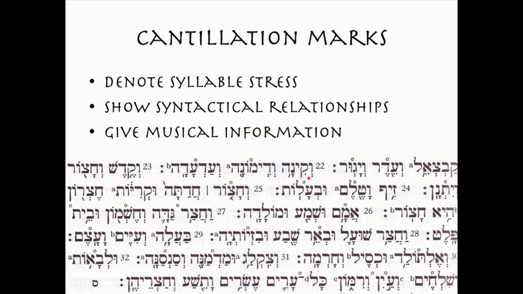So for here, ki-na would be the syllable that has the stress because that's where the cantillation mark is. Here the stress would be on na. Da would be where the stress is here. In kedesh, notice the accent would be back here. Chatzor, the accent would be here. Anyway, so they show syllable stress.